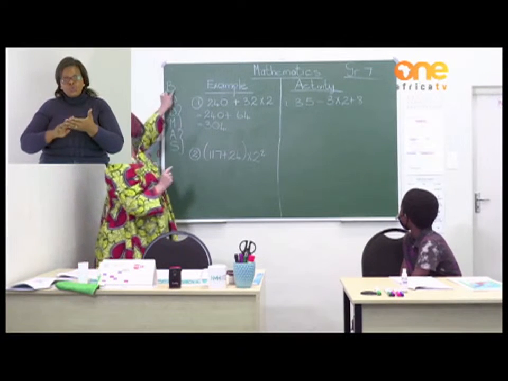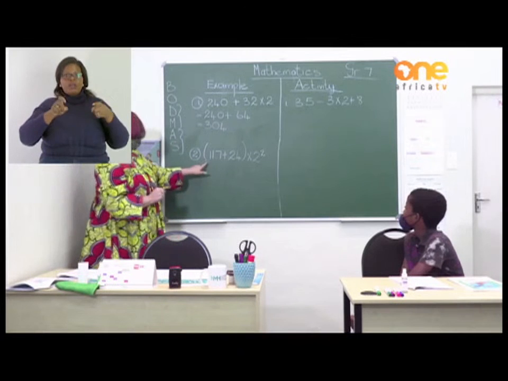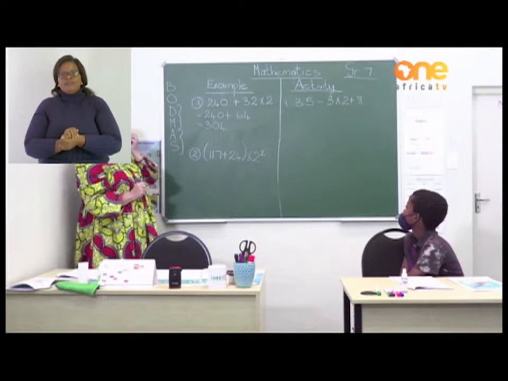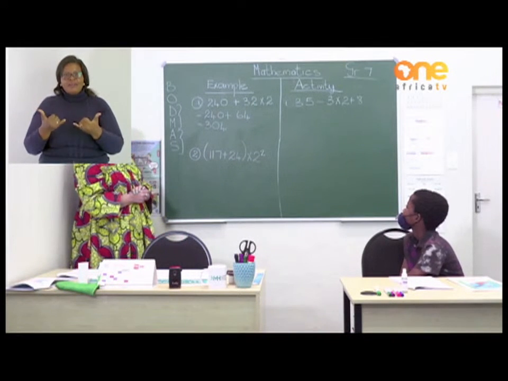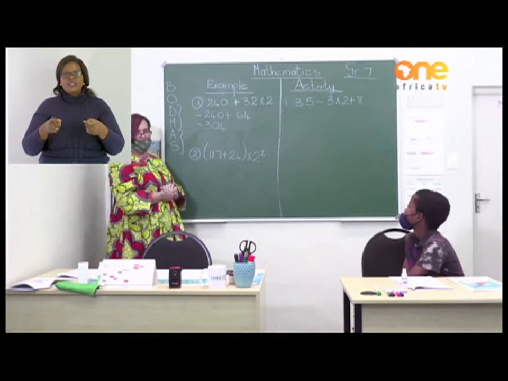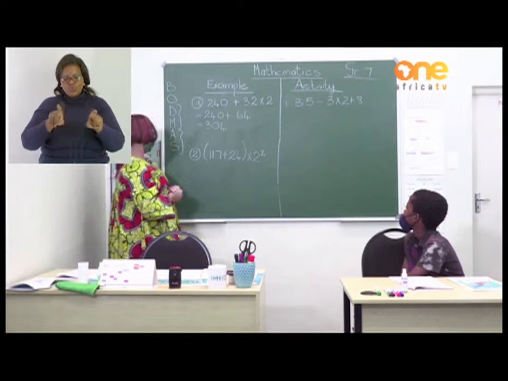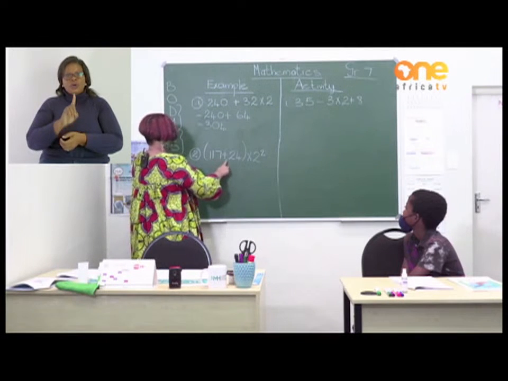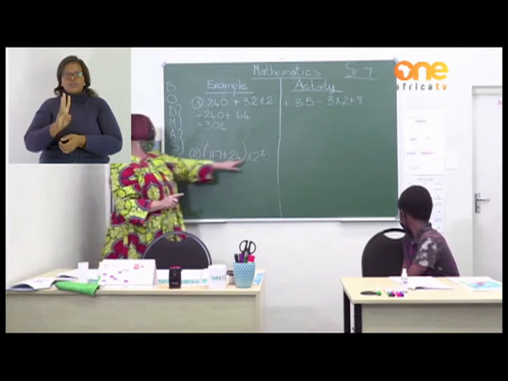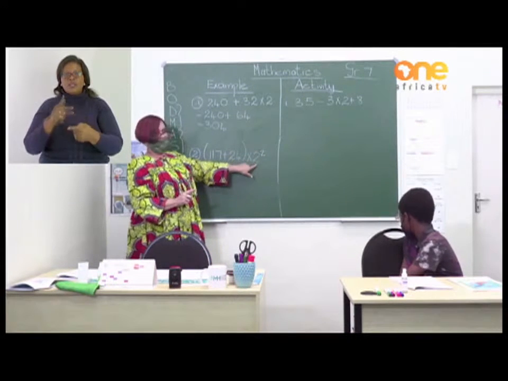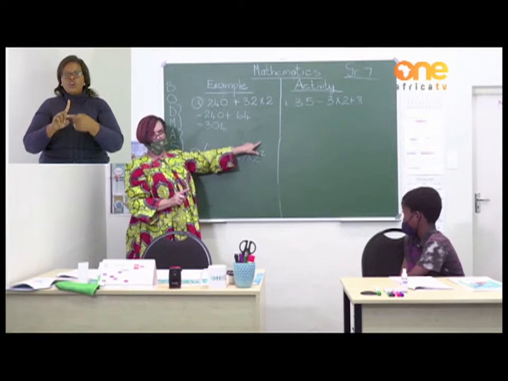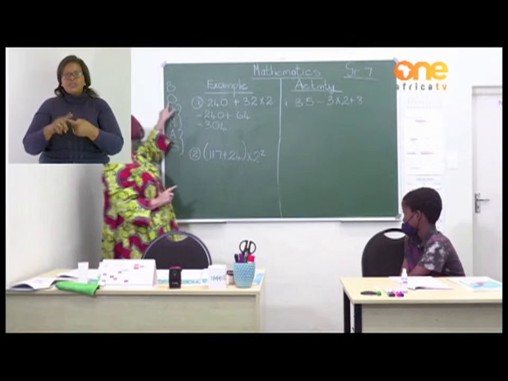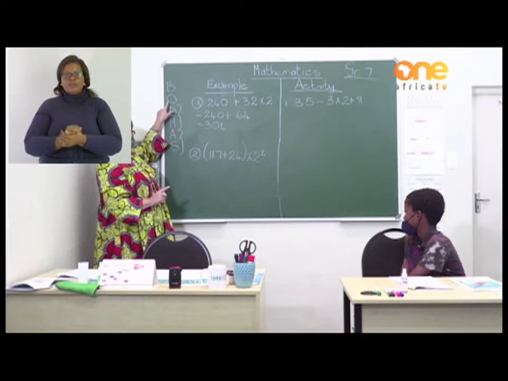Of course, brackets. In this sum, we have brackets, so we will do our brackets first. 117 plus 24 times 2 squared, né? 2 squared, which is order.